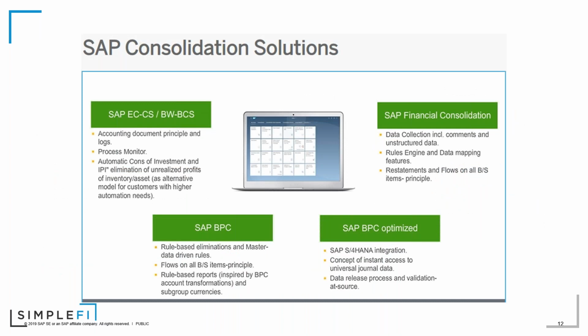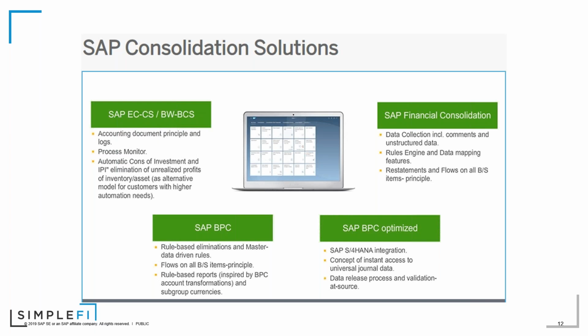If we look at how group reporting came about, it's really a combination of a lot of different SAP consolidation tools. The main engine being SAP ECCS, but also with some key functionalities from BPC, BPC Optima, different versions of BPC, and SAP Financial Consolidation.